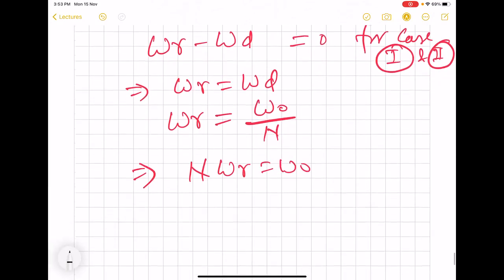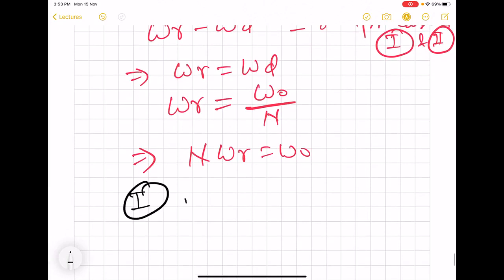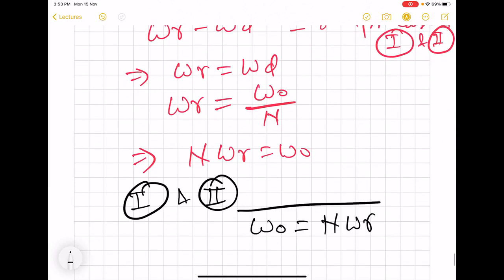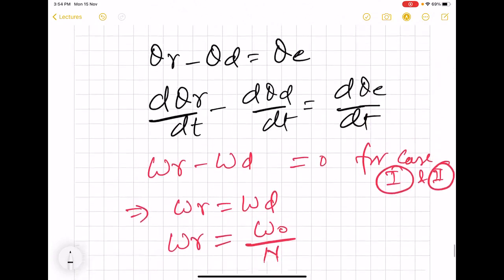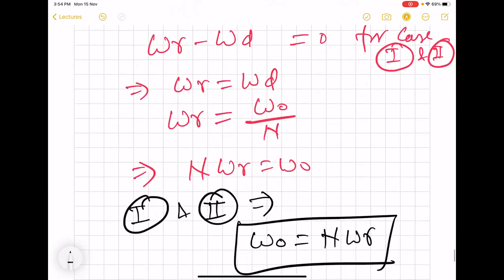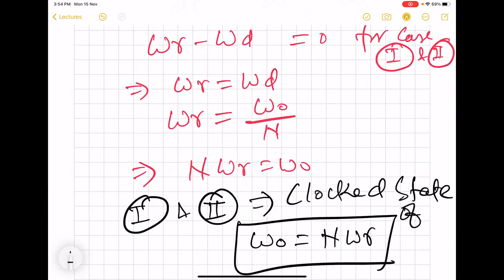So we find that for case 1 and 2, we get what we wanted here. And these two cases will be called the locked state of the PLL. We will say that the loop is locked.